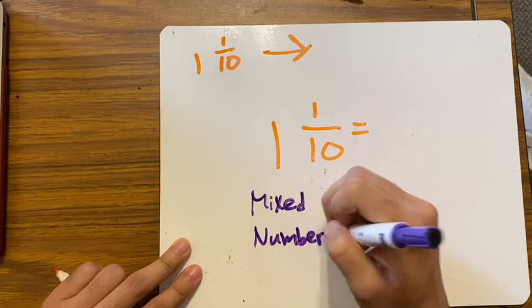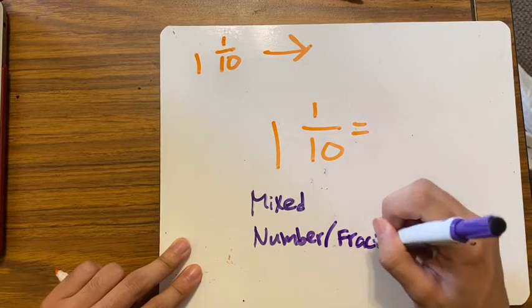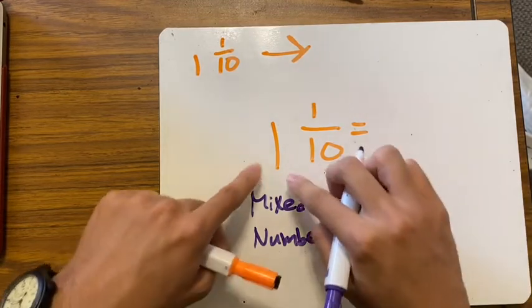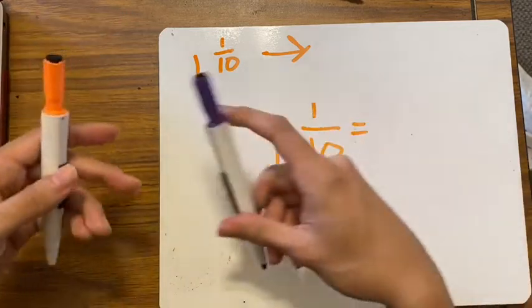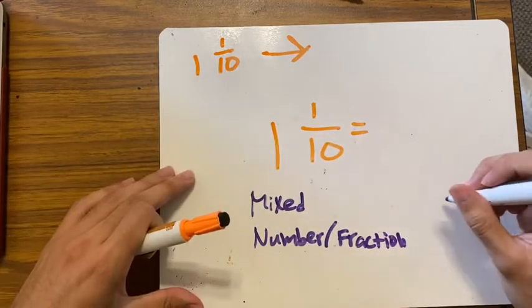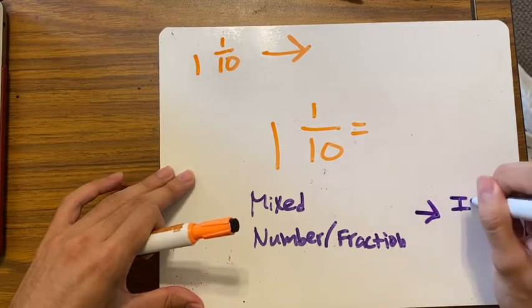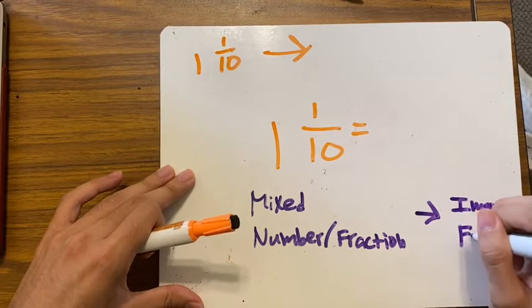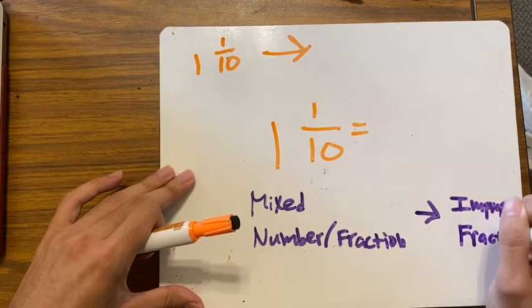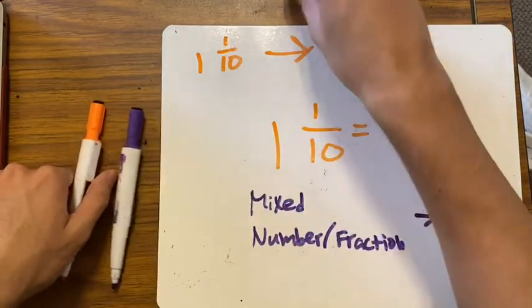Same thing. The point is that it's mixed, right? You have a whole number and then you have a fraction. We want to switch that into an improper fraction.